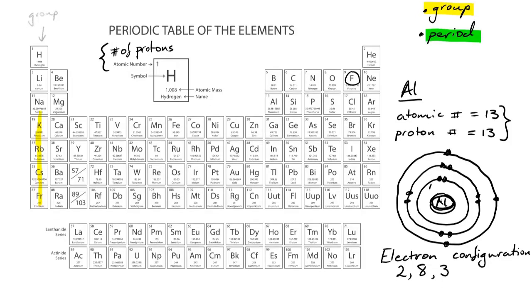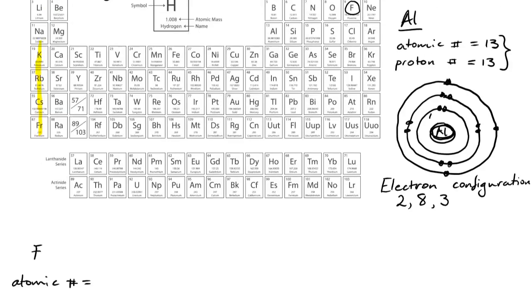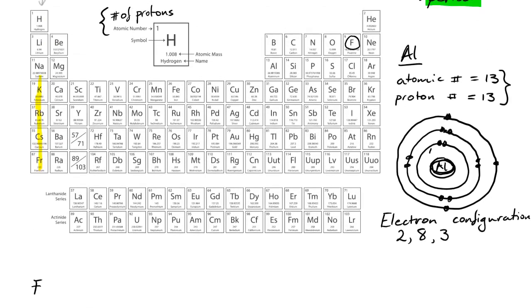Now, fluorine's atomic number is equal to, if we go back and have a look, from the periodic table you can see the little number 9 up there, and so fluorine has 9 protons in it.